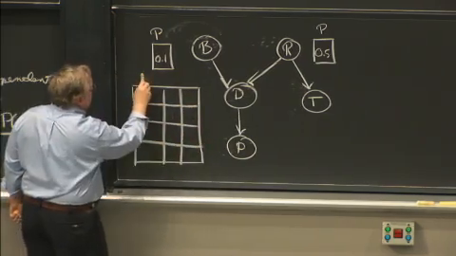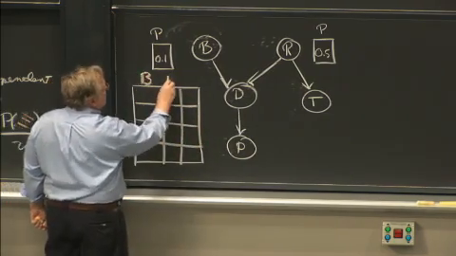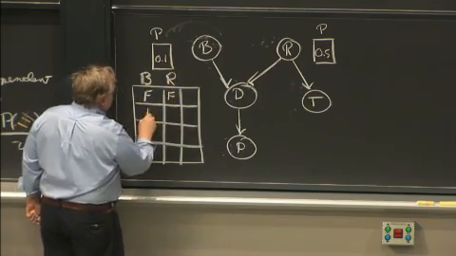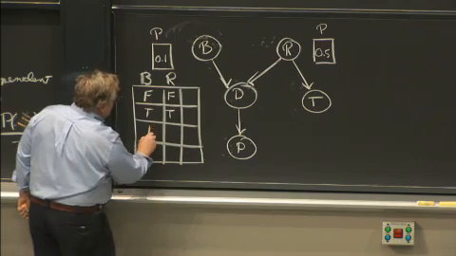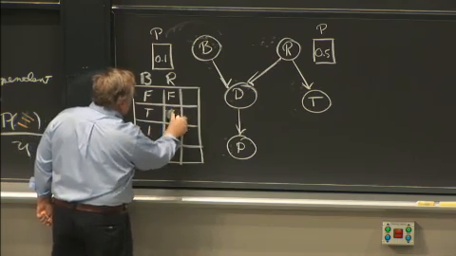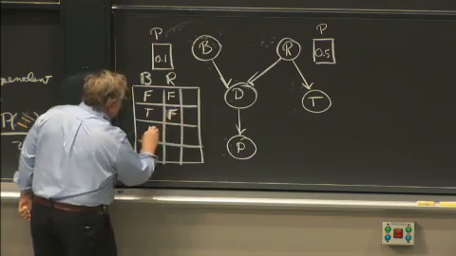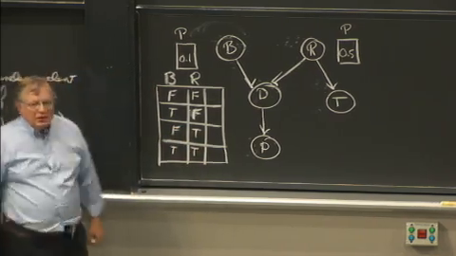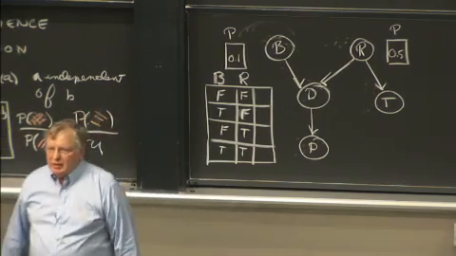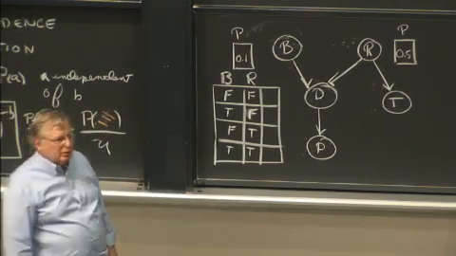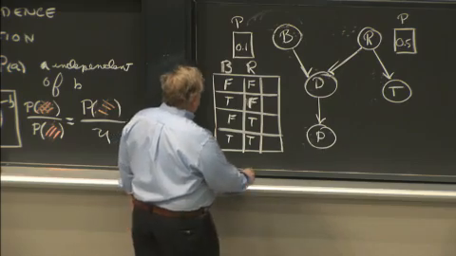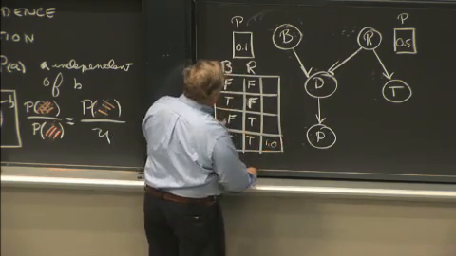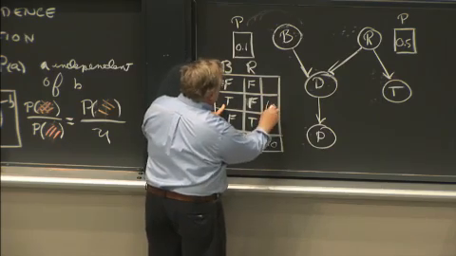So this will be the burglar, and this will be the raccoon, and this will be false, false, true, true, false, false, true, false, false, true, true, true. So let's say it's a wonderful dog, and it always barks if there's a burglar. So that would say that the probability here is 1.0, and the probability here is 1.0.